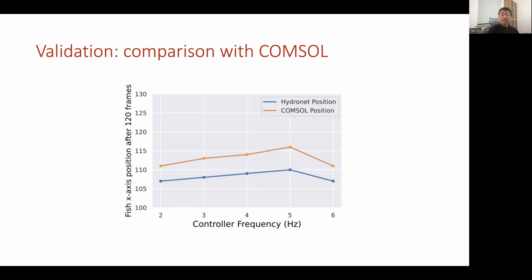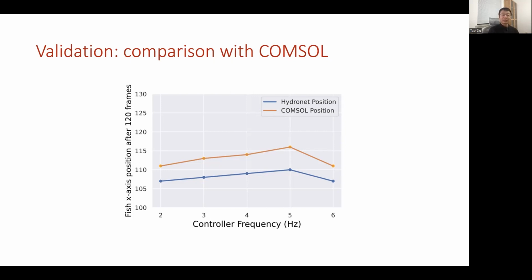This experiment was conducted on the same soft 2D black fish shown a few slides earlier. The horizontal axis indicates the control frequency of the signals we send to the muscles or actuators inside the black fish.